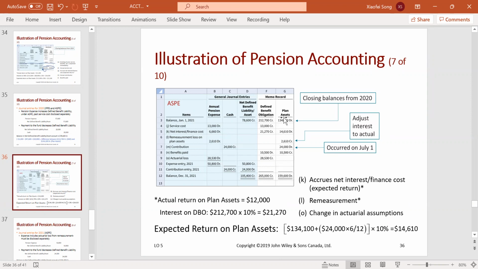and the expected return on plan assets, which is 14,610. Okay, so we add 14,610 in here, but the plan assets did not earn that amount this year. So the difference, 2,610, needs to be adjusted.